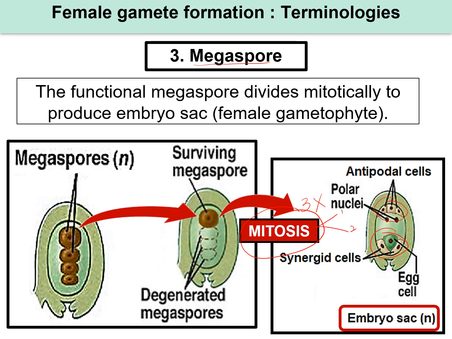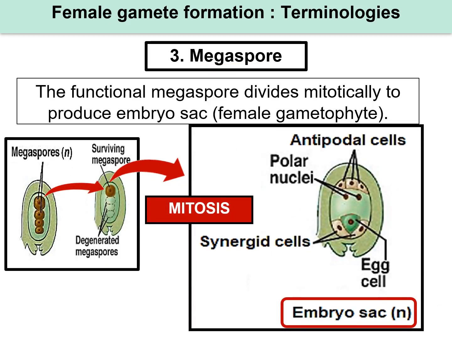Okay, 1, 2, kemudian 1, 2, 1, 2, kemudian 1, 2, 1, 2, 1, 2, 1, 2. So 3 kali untuk menghasilkan 8 nuclei. Jadi in other words, megaspore will divide mitotically 3 times to produce the embryo sac. Okay.